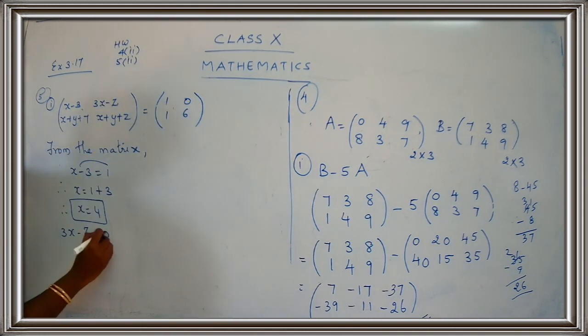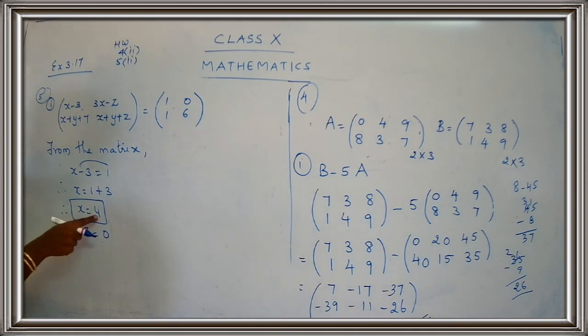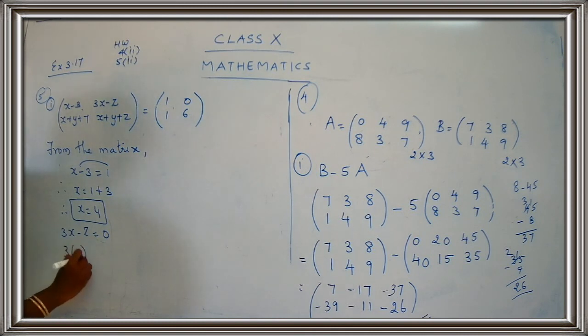So 3x minus z is equal to 0. I'll substitute the value for x that I have already found. So 3 into 4 minus z is equal to 0. So 12 minus z is equal to 0. I'll take this minus z to that side. I get 12 is equal to z.